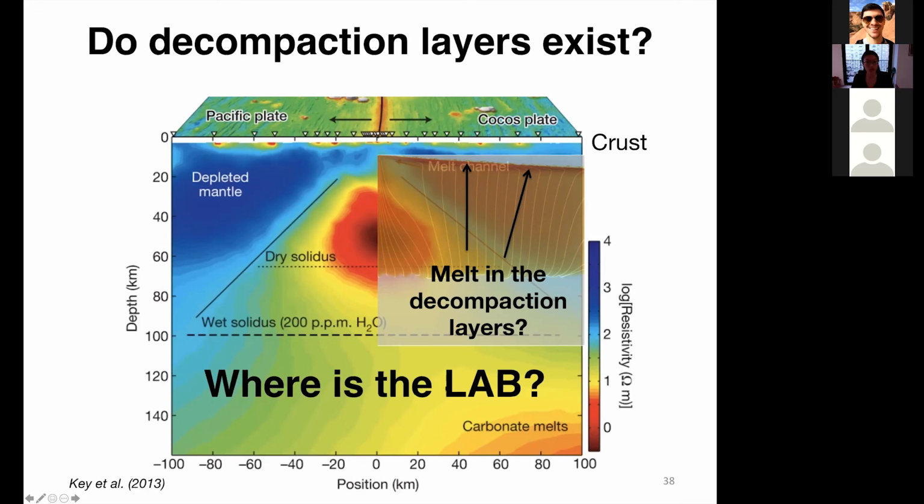You have to remember that the melt focusing mechanisms really matter, because this melting pressure focusing is the only mechanism that can focus melt before it even reaches the decompaction layers. So if it is much stronger, that has implications for things like the asthenosphere viscosity.